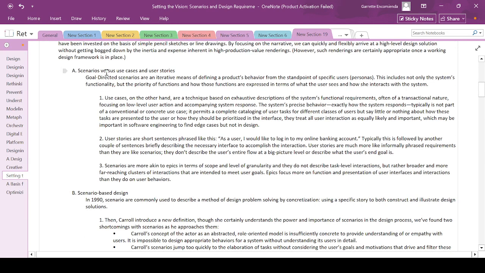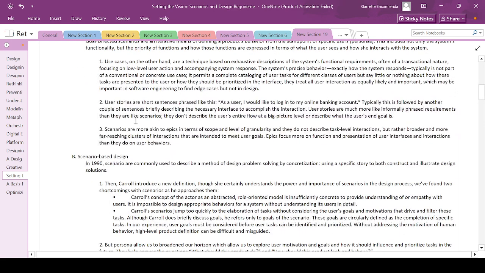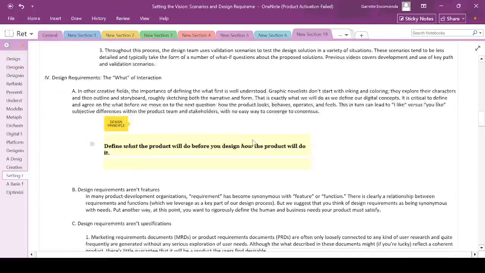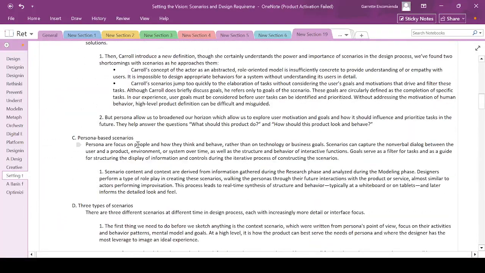Use cases are more like the developer's view or all the edge cases, and user stories are more like the agile form of the task, more task related, instead of the scenario, which is a more holistic view of the customer.